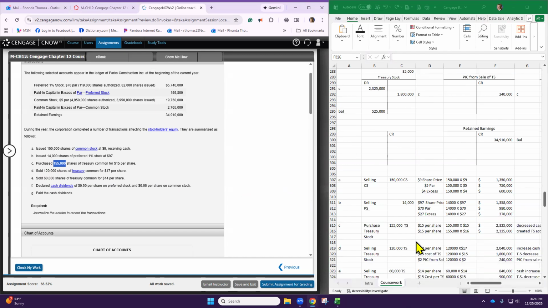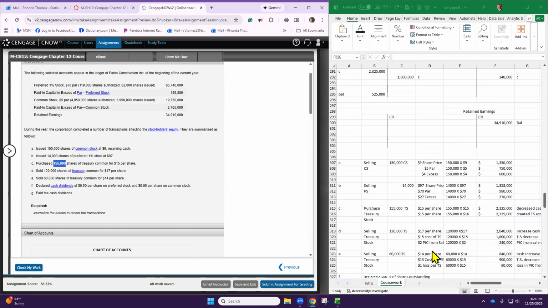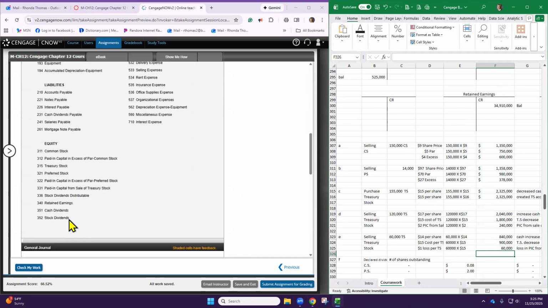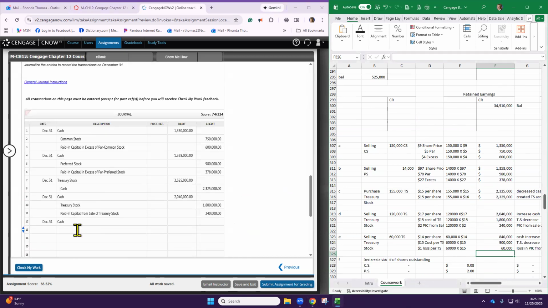Like I said, you can't sell shares you don't have. So let me see what we got. We know it's going to be cash, and let's try this paid in capital in excess of par.